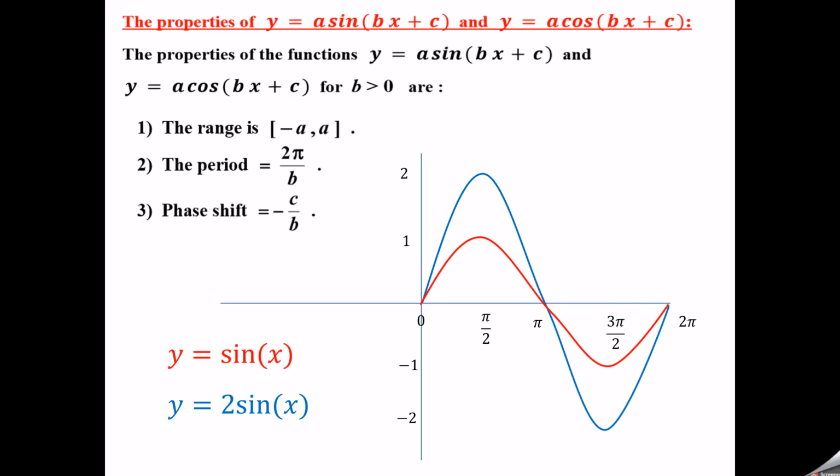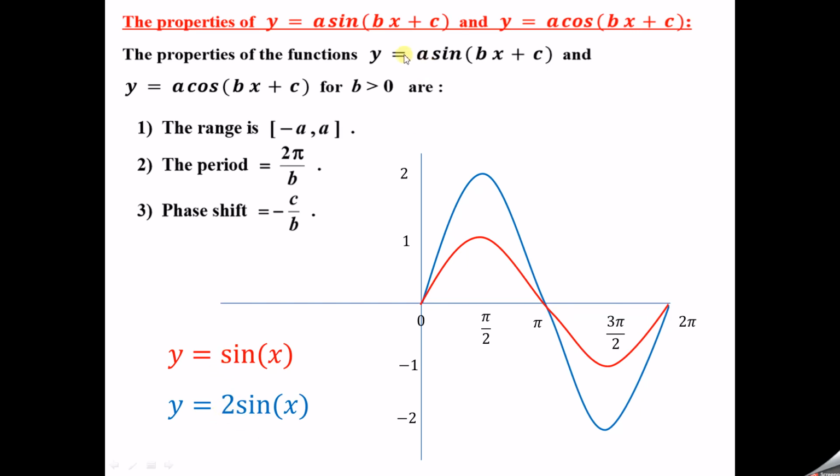So in general, we know for any sin x function, the range is between plus 1 and minus 1. If we take y equal to sin x and y equal to 2 sin x, both are sine functions, but the sin x coefficient here is 1 and here is 2.